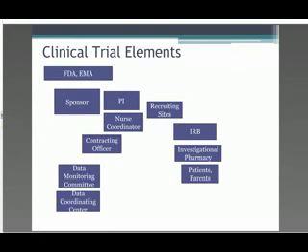So these are the clinical trial elements. I just wanted to buzz through this. We have the Food and Drug Administration and the European Medicines Agency. We have the sponsor. We do clinical trials at the NIH in my branch, in which case we're the sponsor, but typically this would be the pharmaceutical industry. We also have the Data Monitoring Committee down there on the left side, which is typically an unblinded, non-conflicted group of experts in different areas.